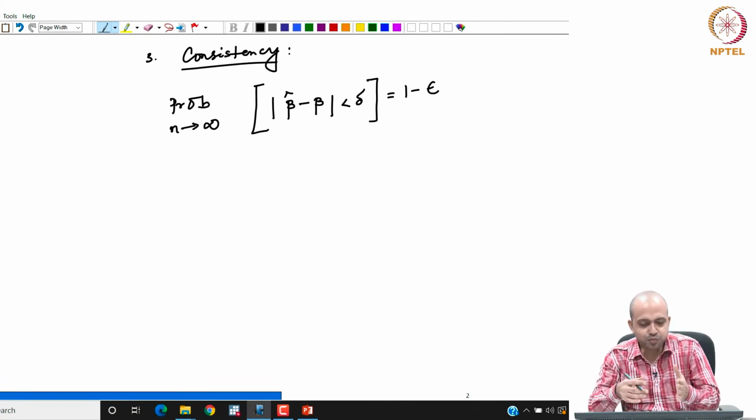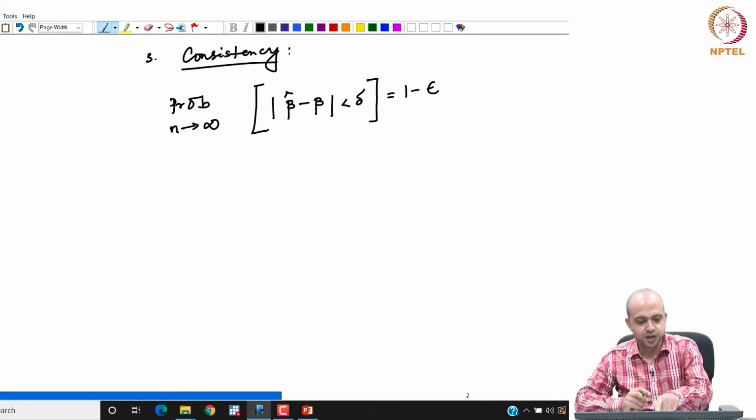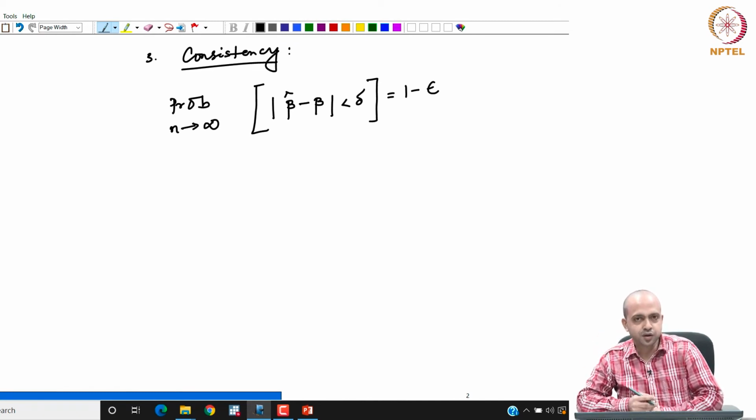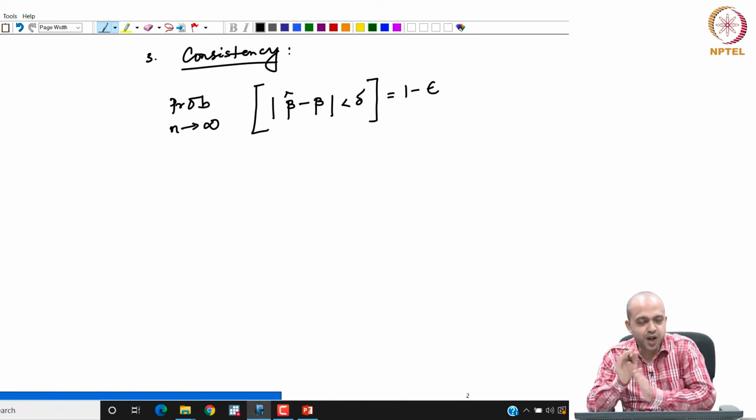So, if you think step by step, you can easily understand. Your beta hat value is the estimated value of the true population parameter. Beta is the true population parameter. So, the difference between beta hat and beta should be minimum.